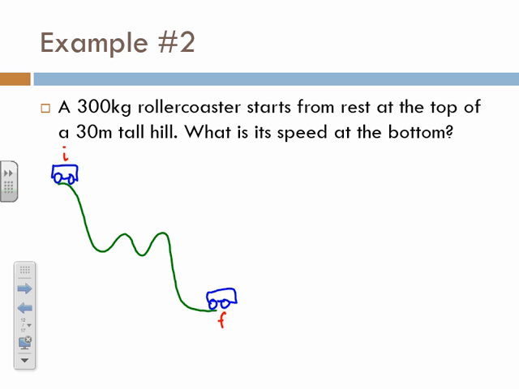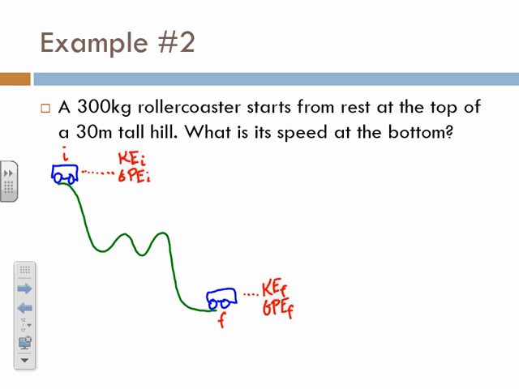And at each one of these, we can look at our energy much like we did in that last example. So at the very top here, we have an initial kinetic energy, right? We have an initial gravitational potential energy. Here we have a final kinetic energy, all right? And we have a final gravitational potential energy. And the two of these added together gives us our total energy.